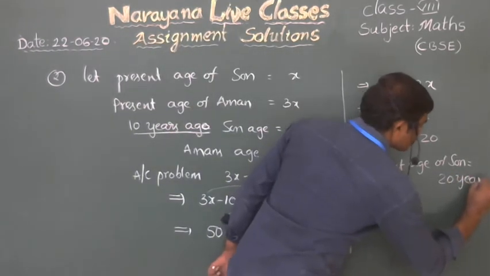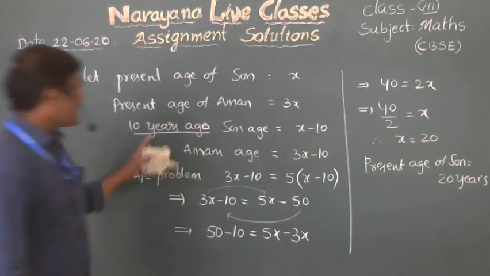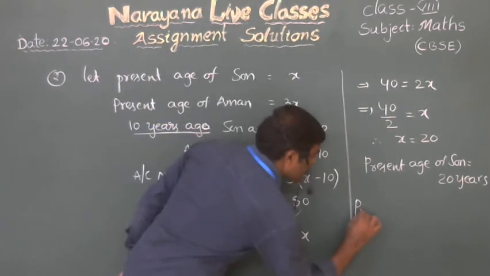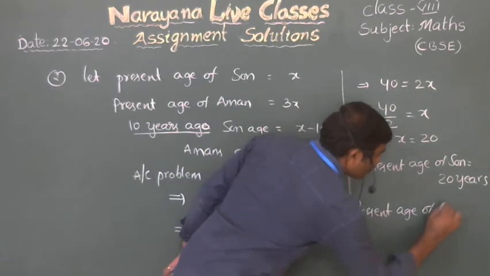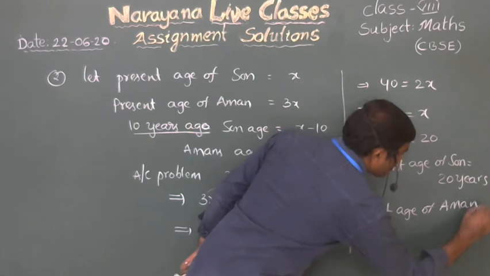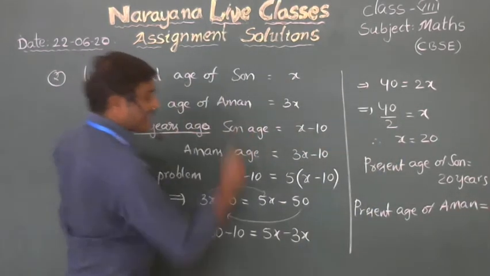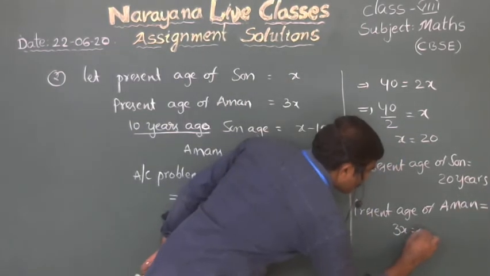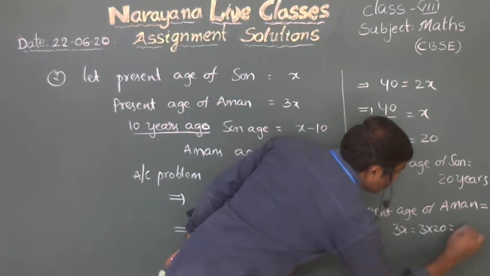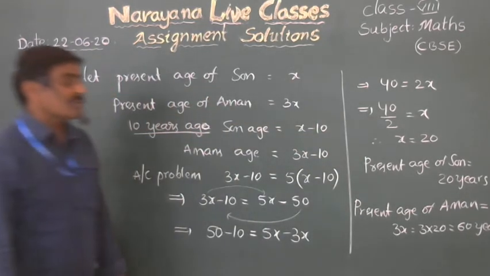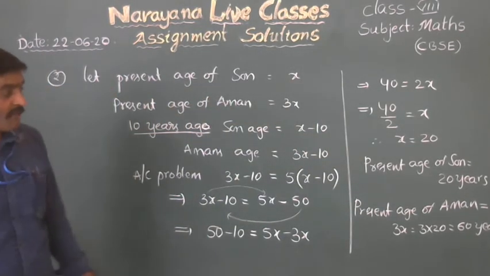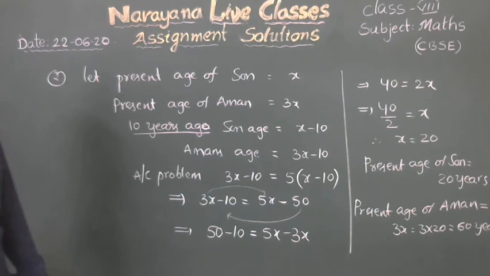Next, present age of Aman is 3x, which means 3 into 20 is equal to 60 years. So, present age of the son is 20 years. Present age of Aman is 60 years. This is the second question. Now let me explain the third one.